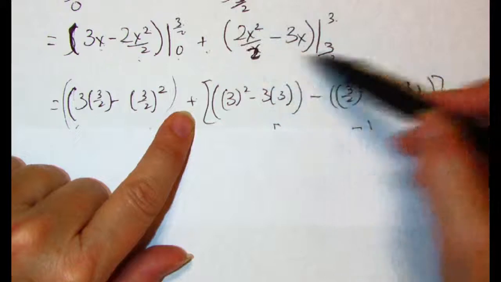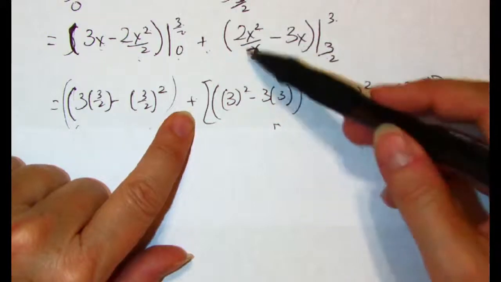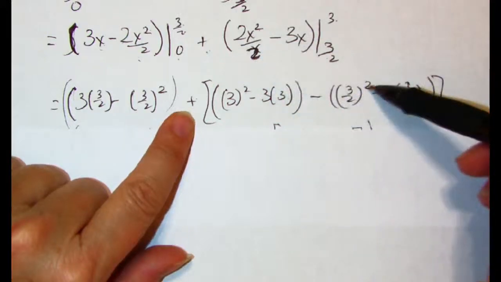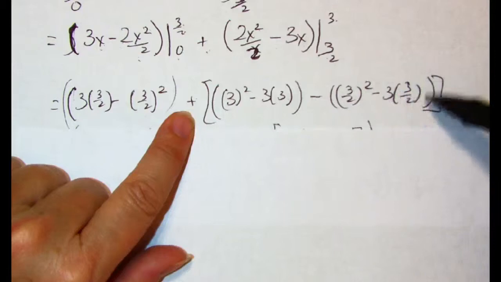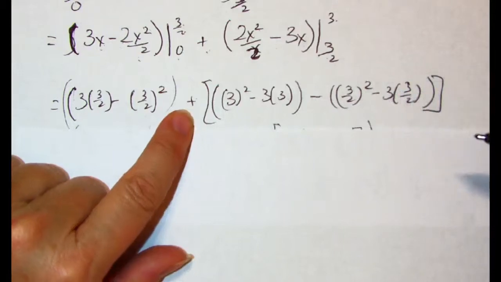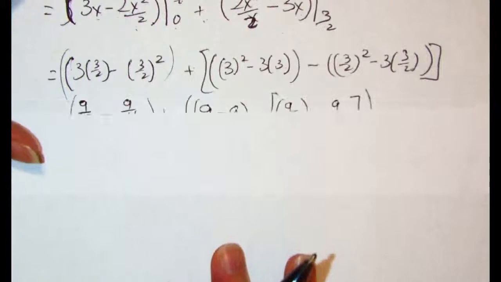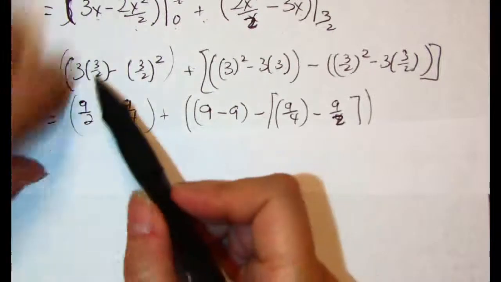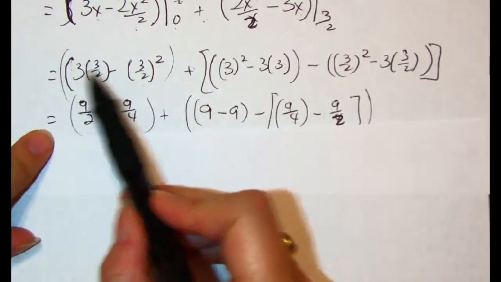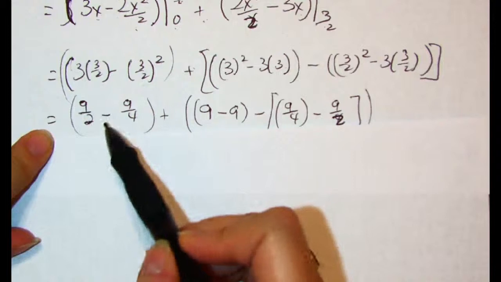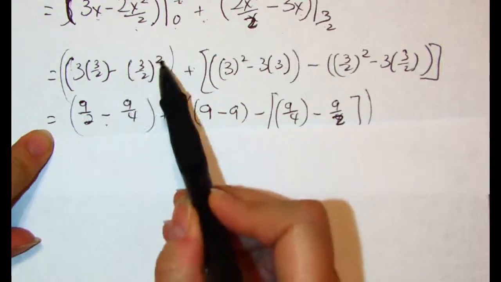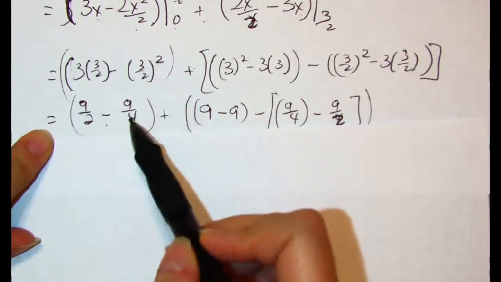Now I'm going to do this piece with 3/2. So again, those 2's cancel out. It's 3/2 squared minus 3 times 3/2. Again, it's a lot of algebra. 3 times 3 is 9 over 2, minus 3/2 squared, so that's going to be 9/4.